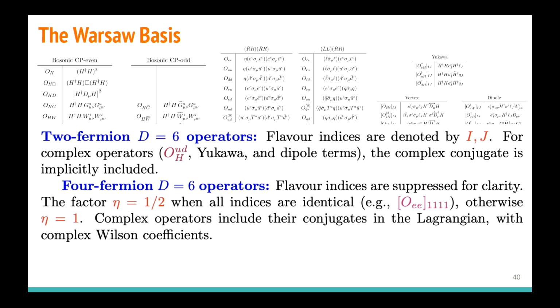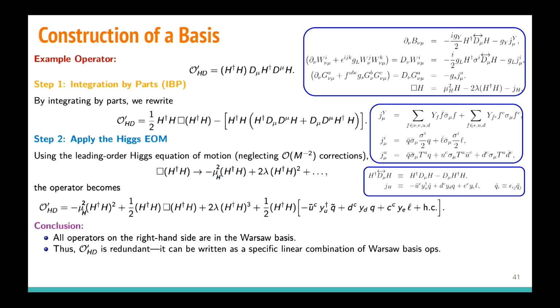For the 4 Fermi operators, flavor indices are again there but they are suppressed, and we have these factors eta written as half when we have identical indices like 1 1 1 1. Otherwise, when these are not all identical, eta is equal to 1. These complex operators will include their conjugates in the Lagrangian with complex Wilson coefficients.